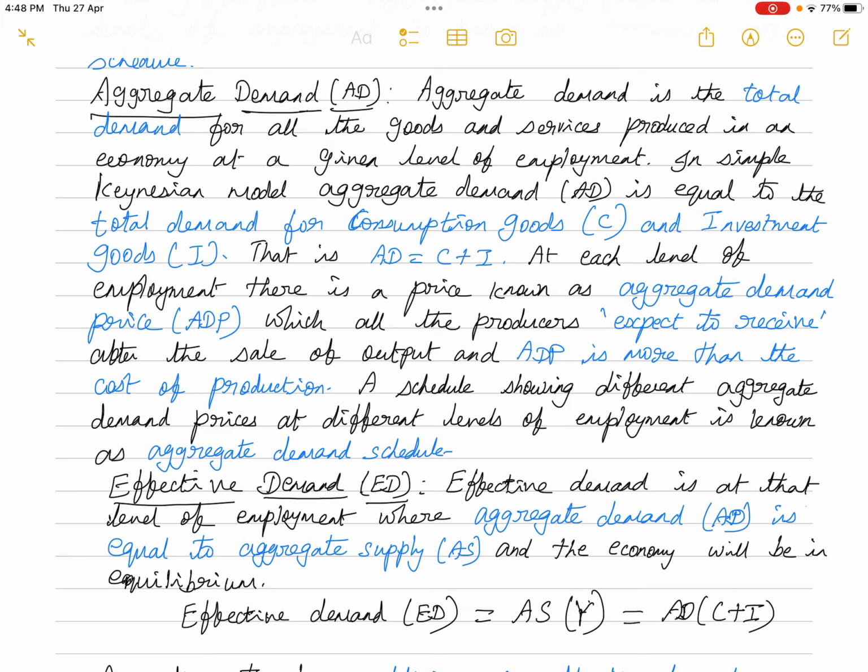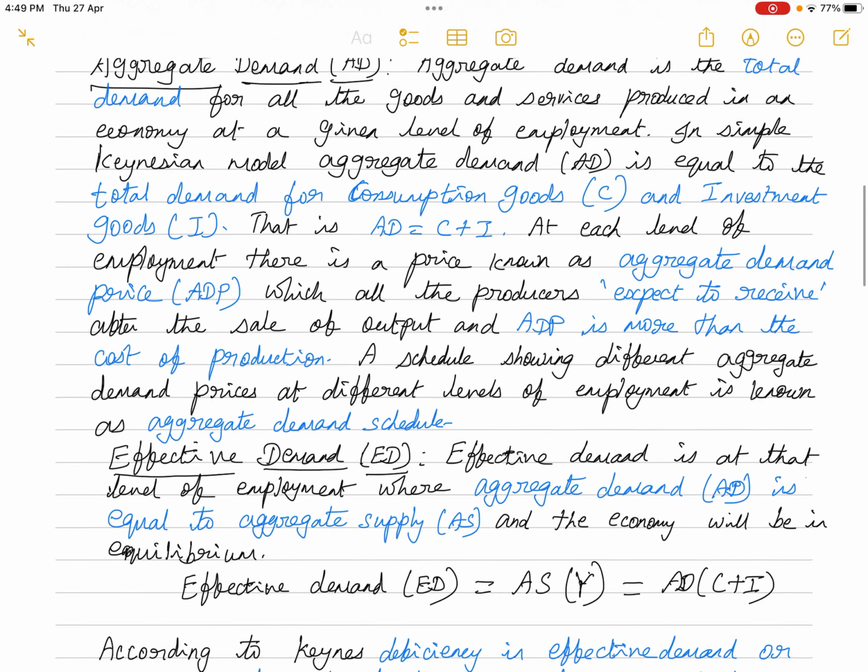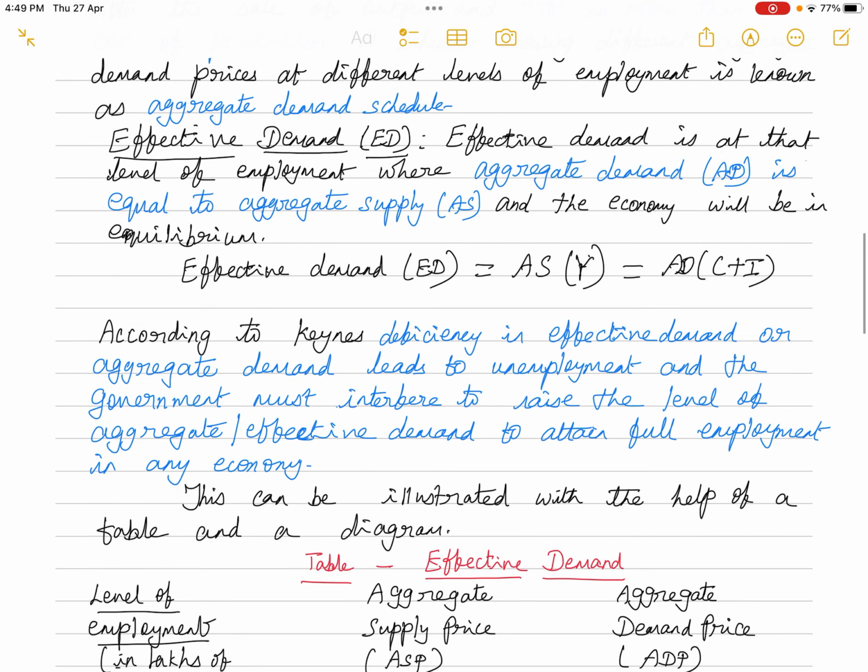Now what is the connection with effective demand? I mentioned to you that effective demand depends on 2 factors, aggregate supply and aggregate demand. Now let us see what is the meaning of effective demand and what is the connection between effective demand and aggregate supply. So effective demand is at that level of employment where aggregate demand is equal to aggregate supply and the economy will be in equilibrium.